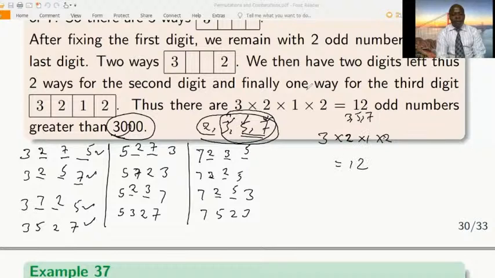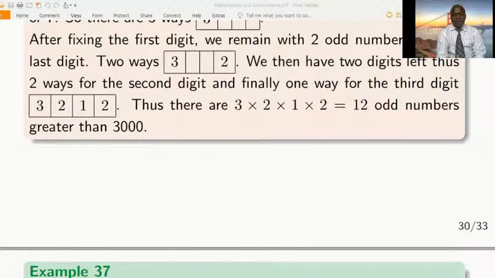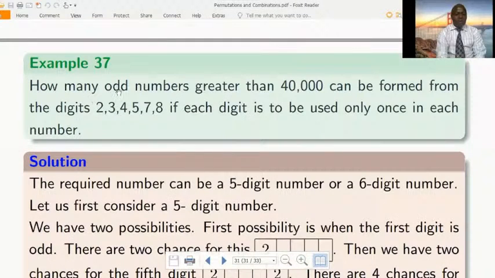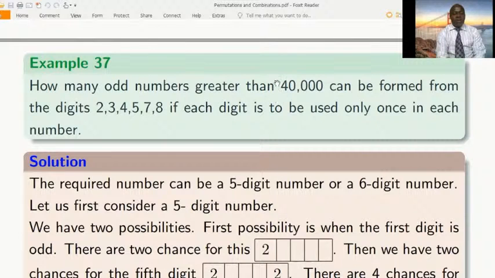Let's look at another question that is similar but slightly different. And it's this one. The question is: can be formed from the digits, basically ones in each number. So how many odd numbers can you form, and those odd numbers should be greater than 40,000?